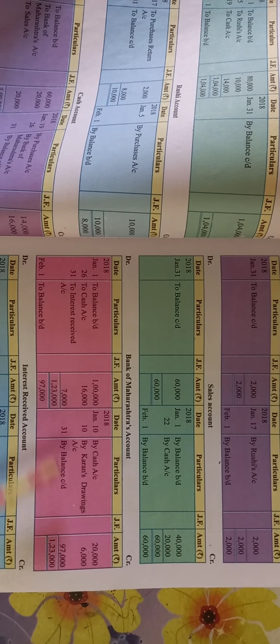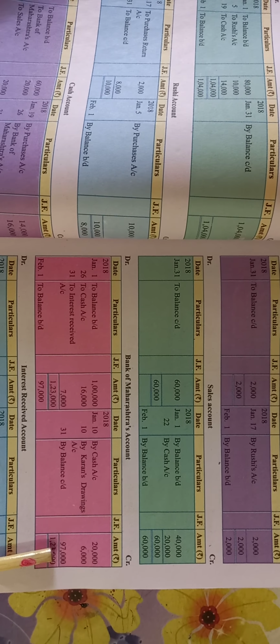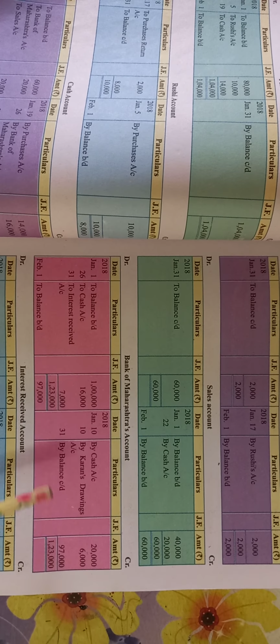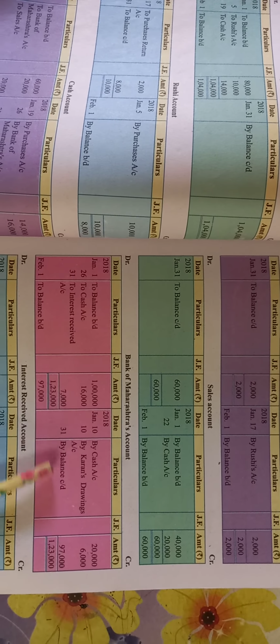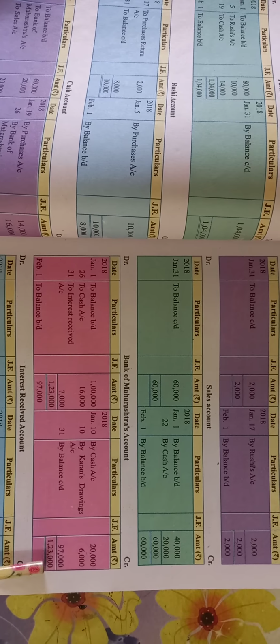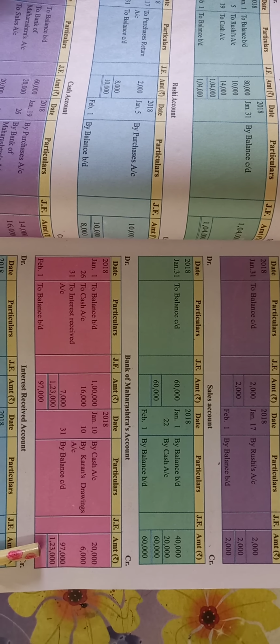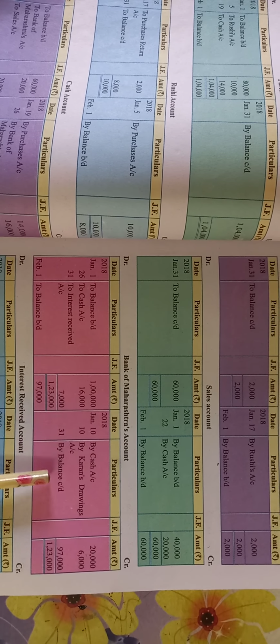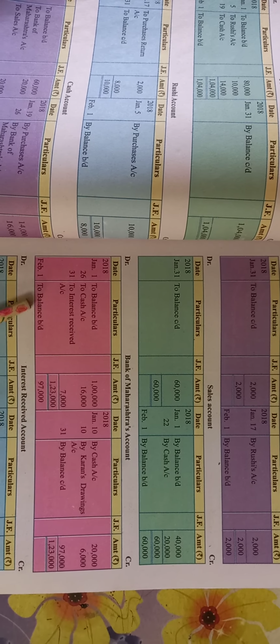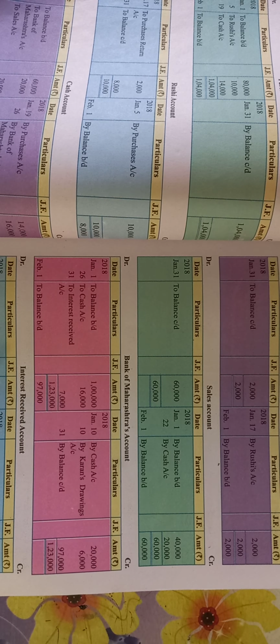Then Bank of Maharashtra total, here debit side is more, that is 1,23,000 minus credit total 26,000. So 1,23,000 minus 26,000 credit total, so balance difference आता है 97,000. That is January 31st by balance carried down, that is closing balance. Same total both the side 1,23,000, 1,23,000 double line, and this balance is brought down for the next month, that is February 1st.